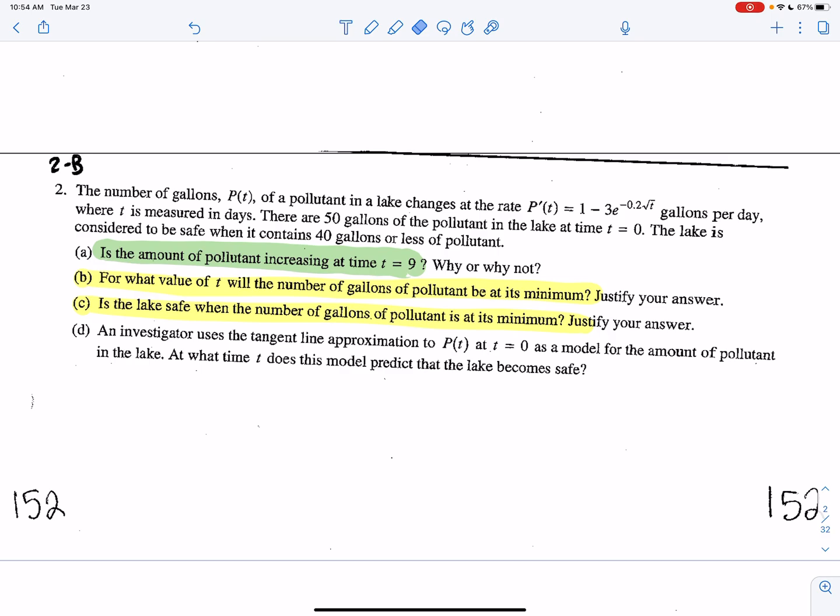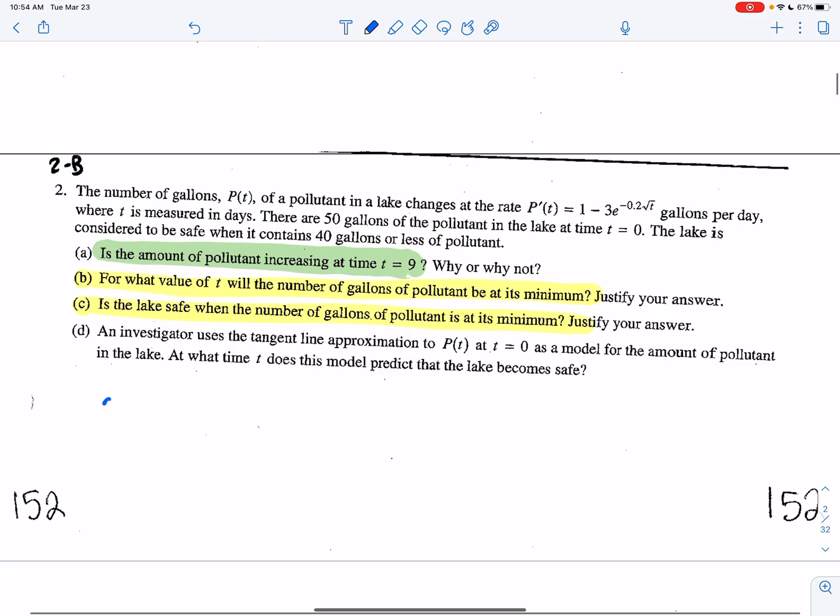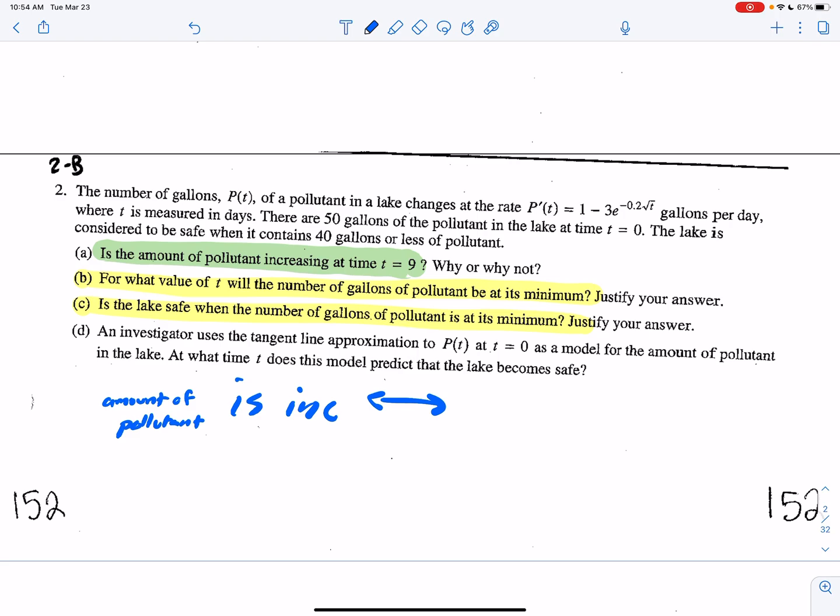I want you to think about this, okay? If the amount of pollutant is increasing, what do we have to show? If we want to show that something is increasing, then we have to show that the derivative has to come out positive.